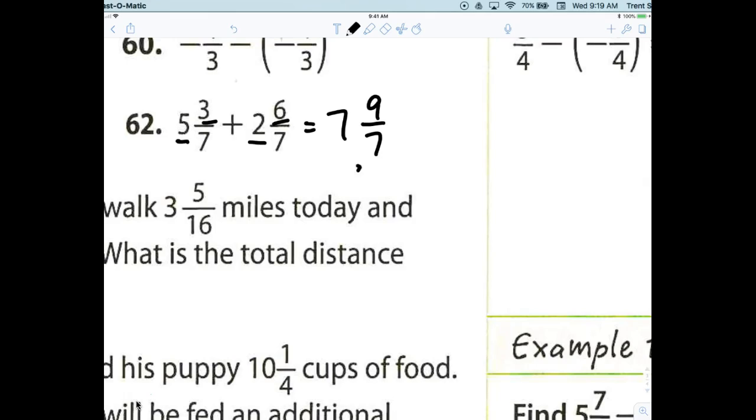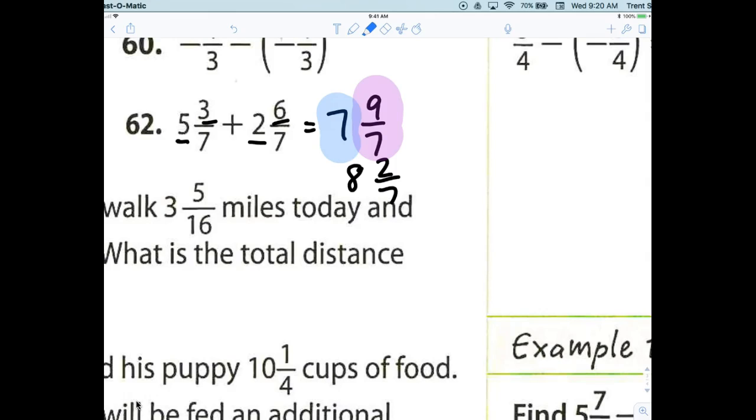Yes, sir, that's good. 8 and 2 sevenths. You good on this or not? Do I need to explain it better, or is that good? Well, because this is an improper fraction. And this also is with a mixed fraction. You can't have mixed and improper. Agreed?